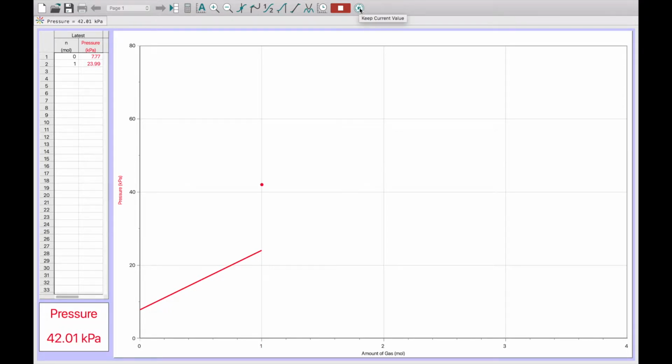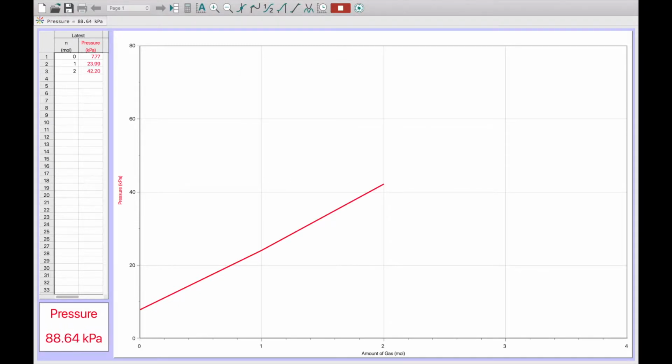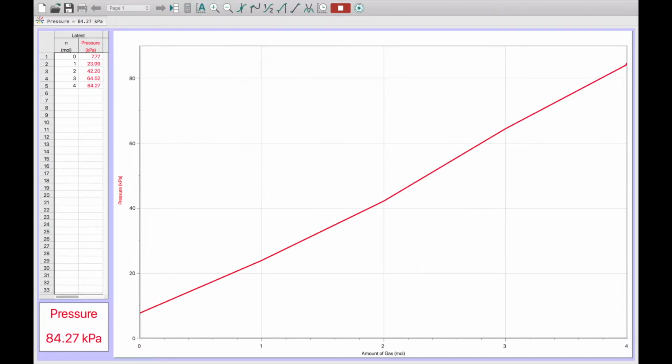Now let's set it at 3. And this is 4 milliliters of air with 5 milliliters of volume.